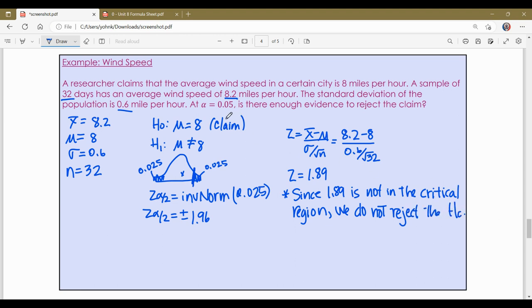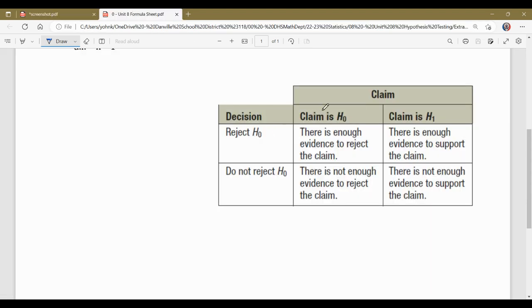So we're not rejecting the null, which means there might be evidence to our claim. So let's take a look. Our claim is the null this time, and we are not rejecting. So null claim and not rejecting. So there isn't enough evidence to support it, but there's not enough evidence to reject it.